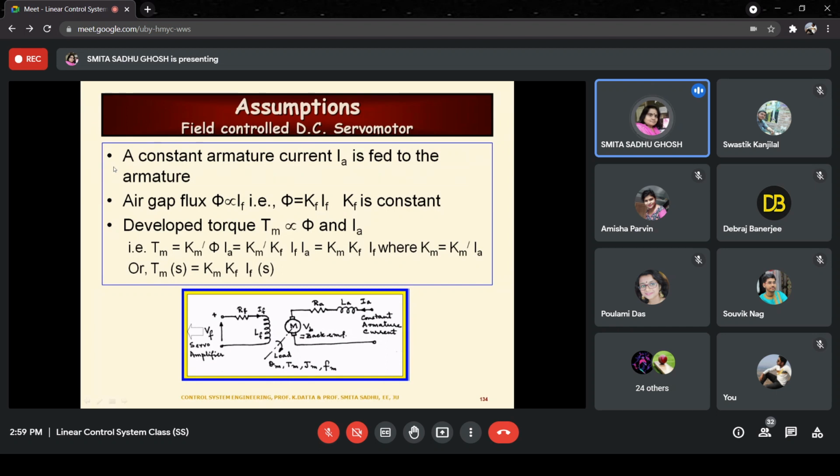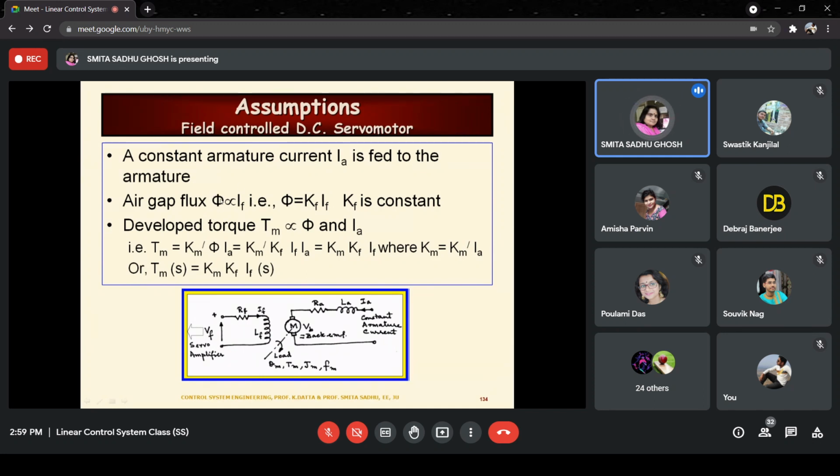Because it is a field control DC servo motor, a constant armature current Ia is fed to the armature. So Ia is constant, right? Also, another assumption is that the air gap flux phi is directly proportional to If. So we would be neglecting the effect of any distortion or whatever.